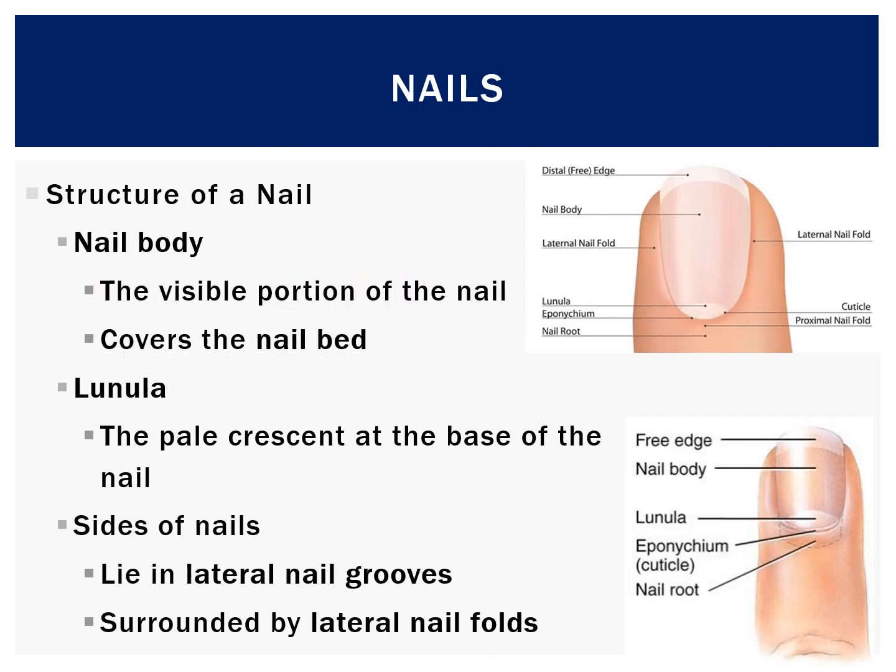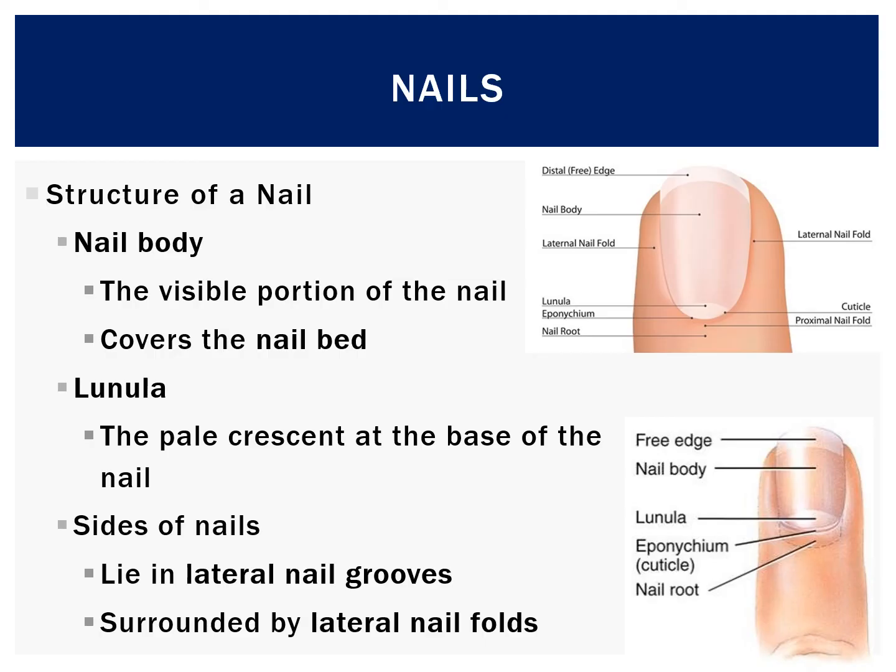For structure of a nail, first the nail body. The nail body is a visible portion of the nail, and it covers the nail bed, which is under the nail body. You can refer to the labeling image where the nail body is located. Next structure is lunula.